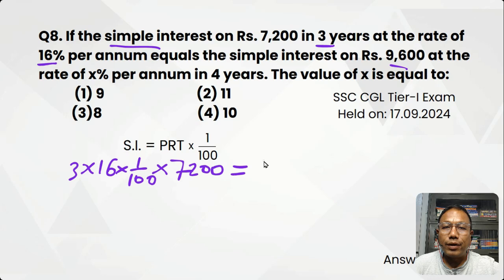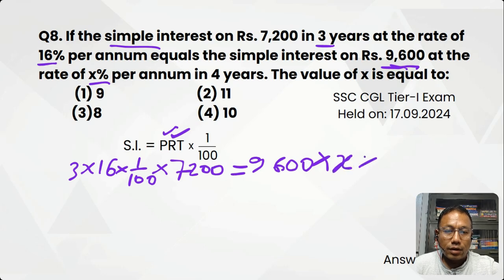Simple interest, P is 9600. Put the value of P, 9600. What is R? R is x%. Instead of R, put x into T. What is T? T is 4 years. Put the value of 4 into 1/100.